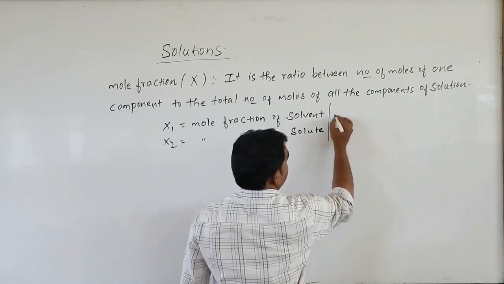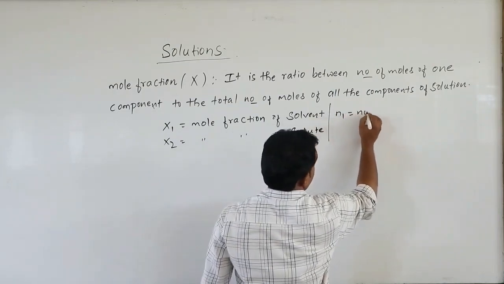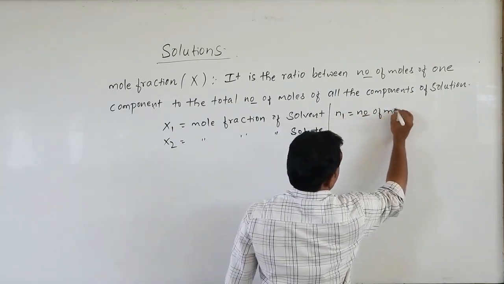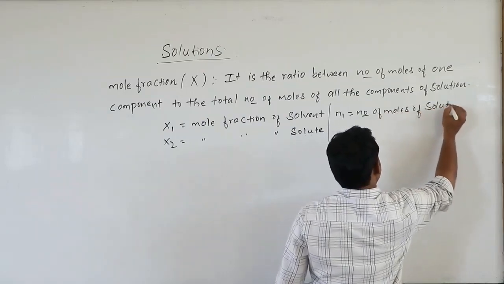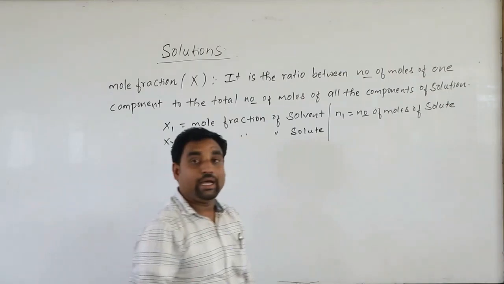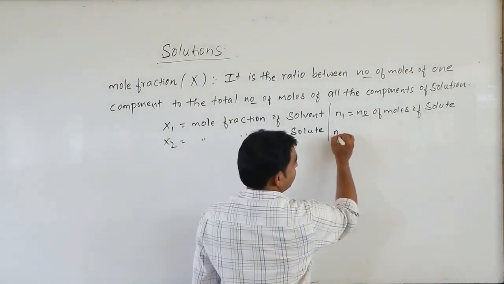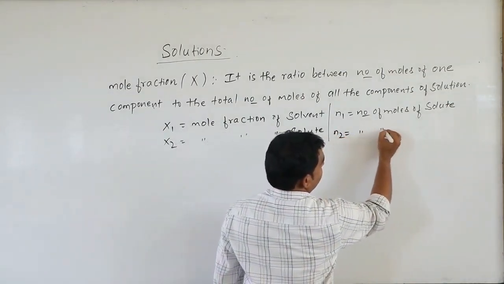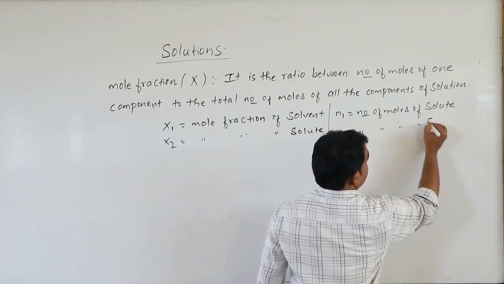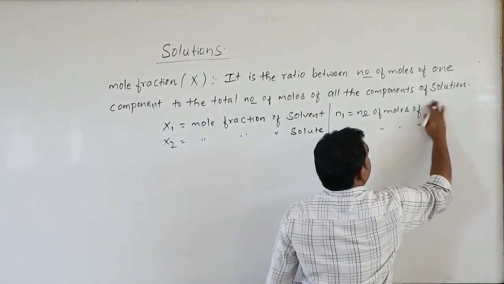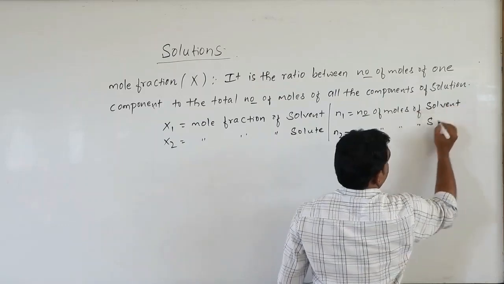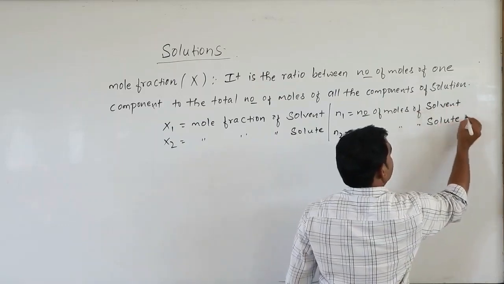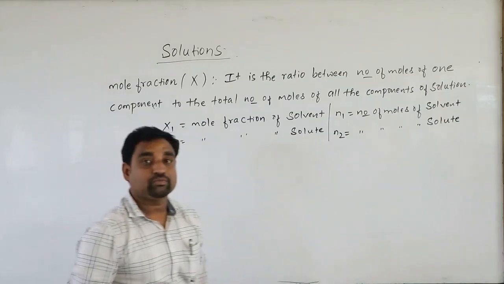And we already know that N1 means the number of moles of solvent and N2 means the number of moles of solute.